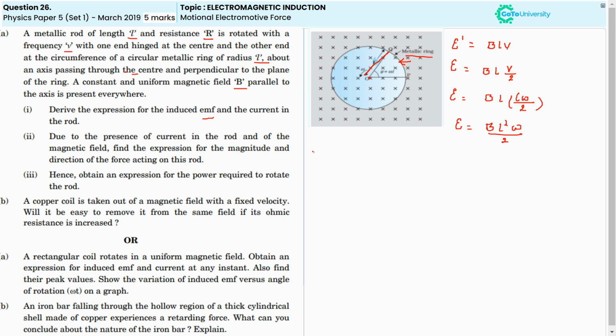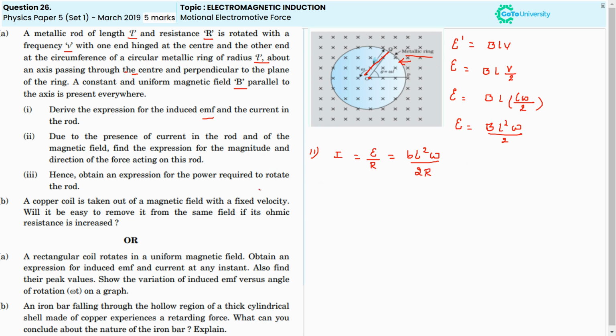Okay, coming to the second part, due to the presence of current in the rod and the magnetic field, find the expression for the magnitude and the direction of the force acting on this rod. We know that I is equal to epsilon divided by R, which is B L square omega divided by 2R, as we already know.